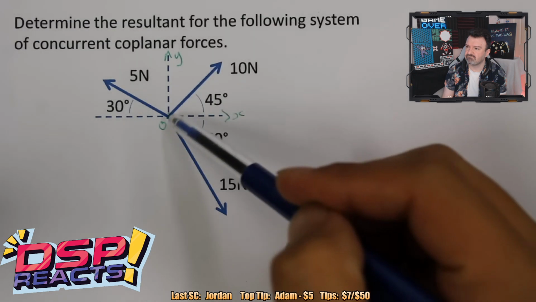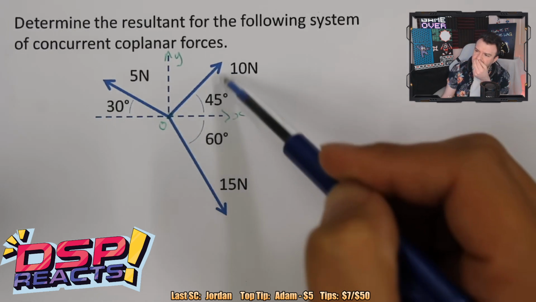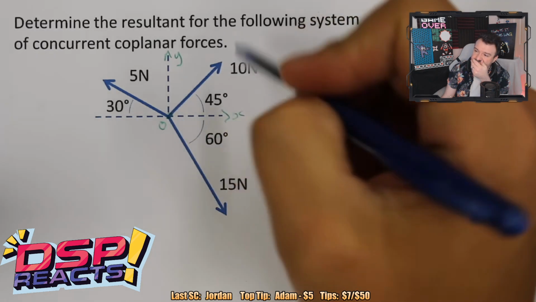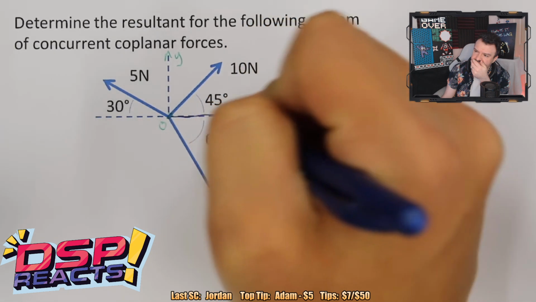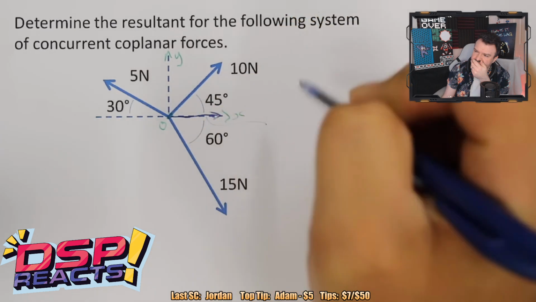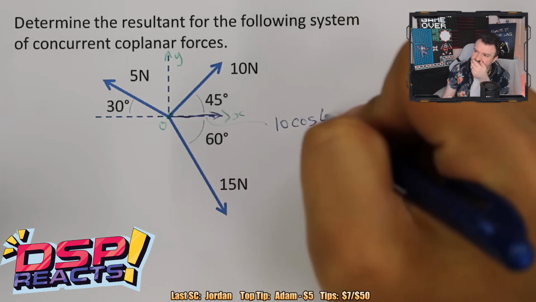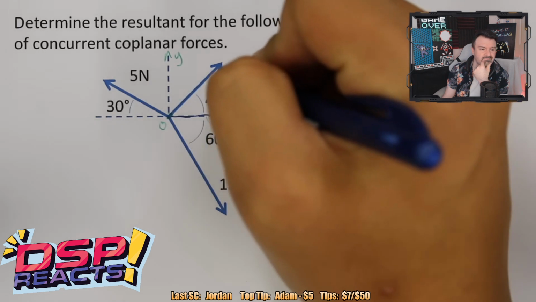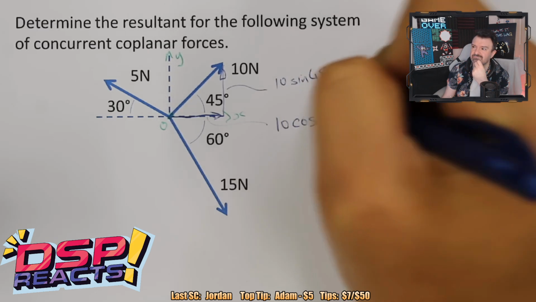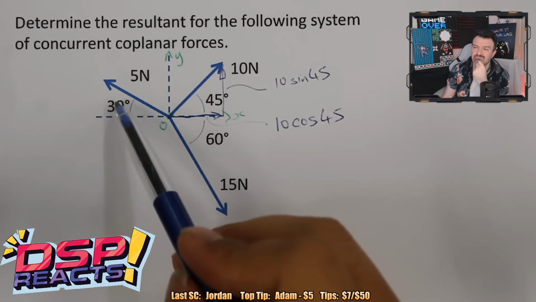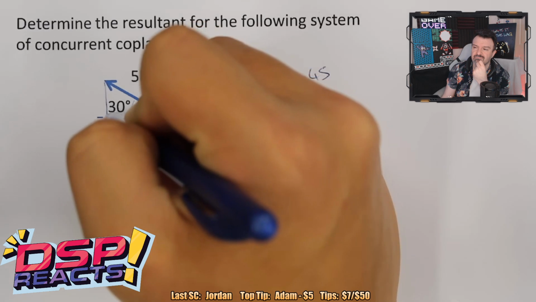The forces which we have here can be resolved into their x component and y component. So for example, the 10 Newton force can be replaced with a force going towards the right, where its magnitude would become 10 cosine 45, and a y component which would become 10 sine 45. Also, for the 5 Newton force, that can also be resolved into a component in the x direction.